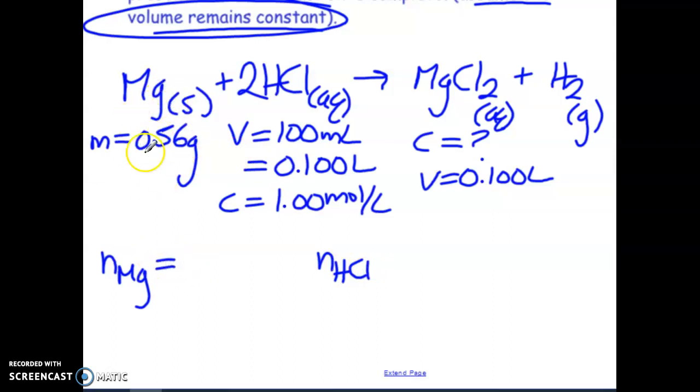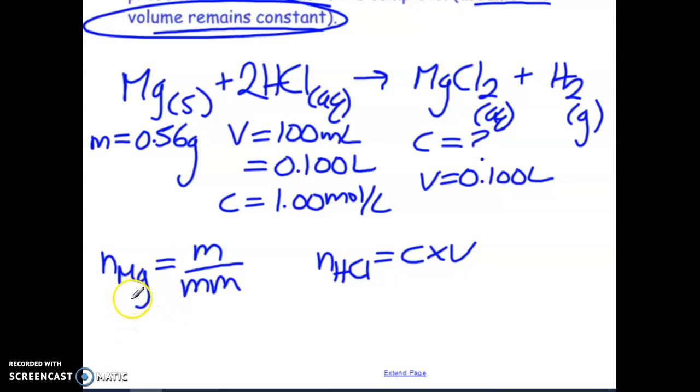So because magnesium is a solid in grams, here we're going to be using mass over the molar mass. Because the HCl has concentration and volume, we're going to use what we have. Basically, you find moles with whatever format you need, depending on what information you're given.